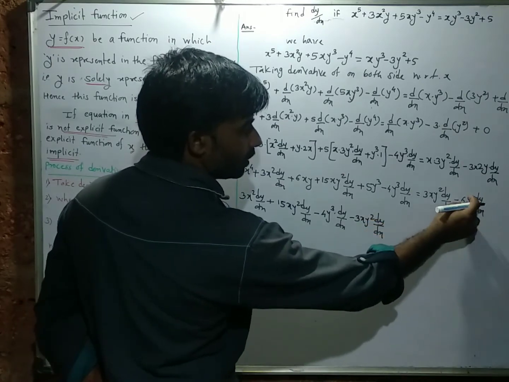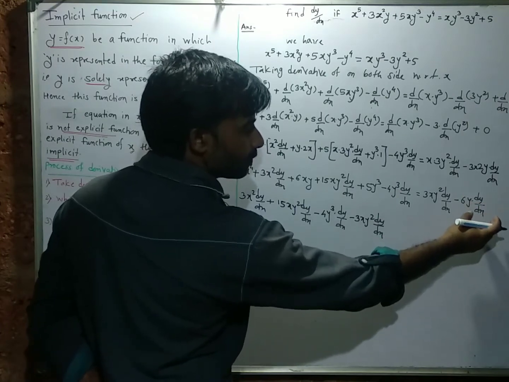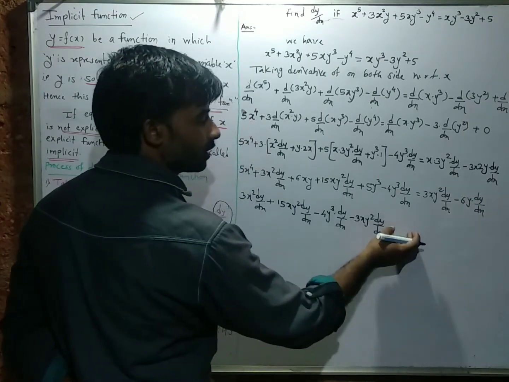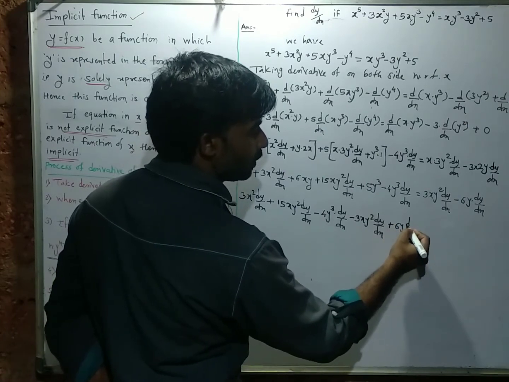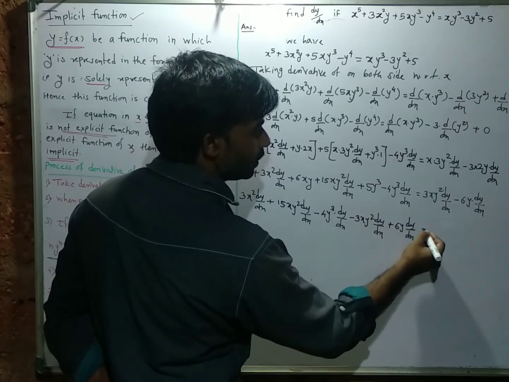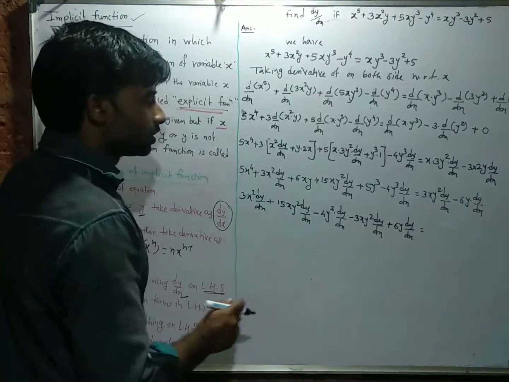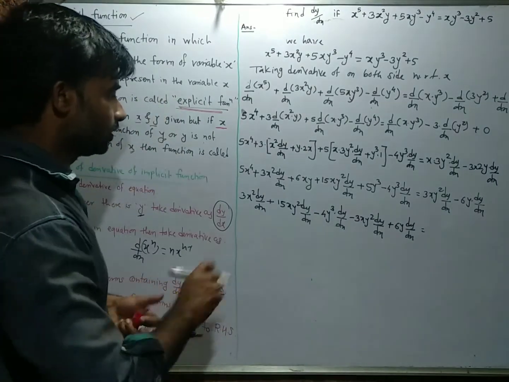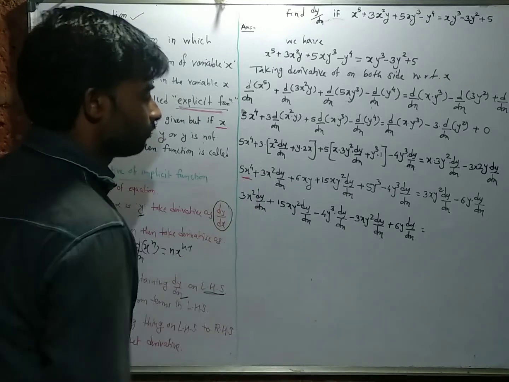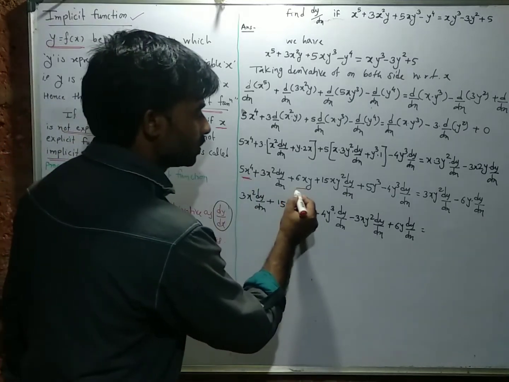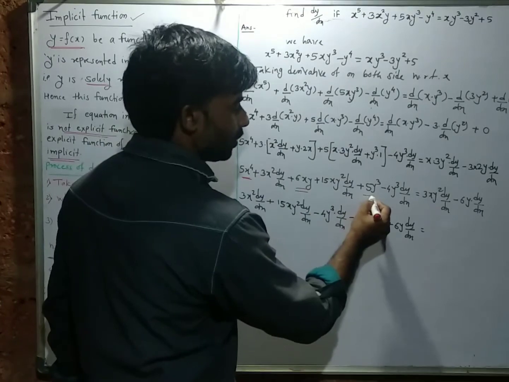You will get minus 3xy square into dy by dx. Then this term contains dy by dx, but it is present on the right hand side, therefore it is transferred to the left hand side, that means plus 6y dy by dx is equal to those terms which do not contain dy by dx, which are present on the left hand side, namely 5x raised to 4, 6xy, then 5y cube.